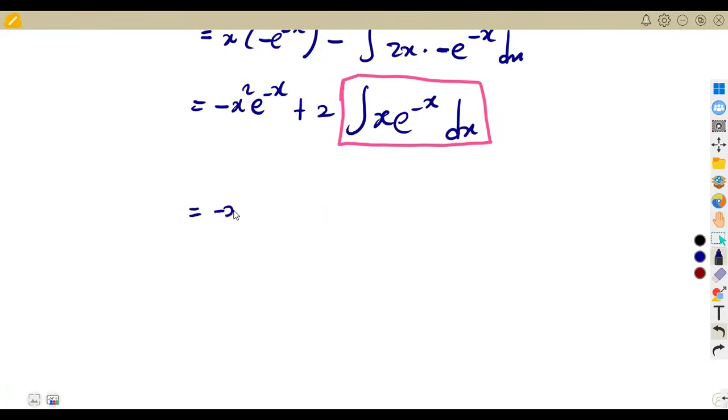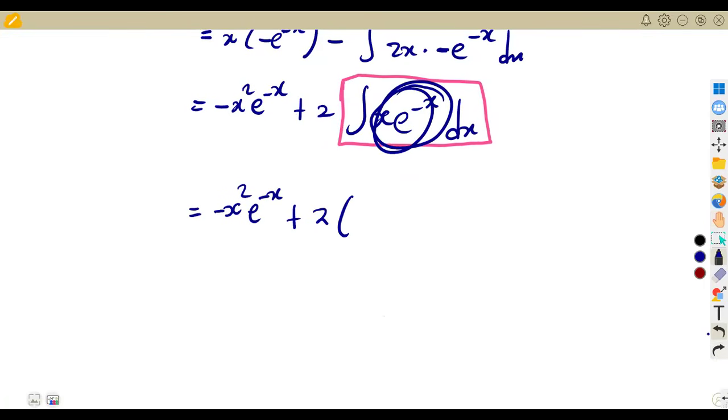So this will be minus x squared e to the exponent of minus x plus 2 times the integral of this, which we integrated before. We are simply making a substitution of what we got before. What was the integral of this whole part as it is, guys?